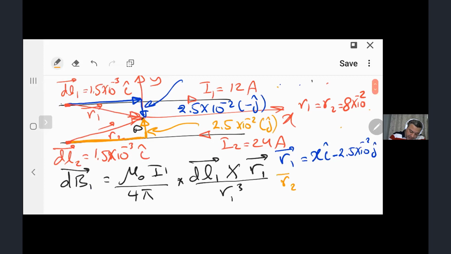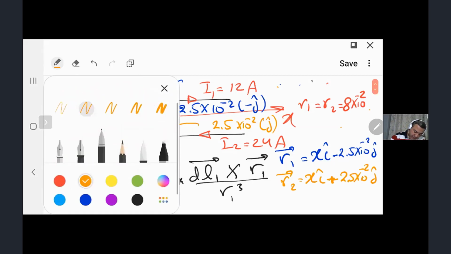However, R2 is also x i hat, but this time plus 2.5 times 10 to the power minus 2 j hat. So I have now dl, the differential element, for both dl1 and dl2. I have the vectors r1 and r2, and the magnitudes for r1 and r2. I am ready to put everything together.